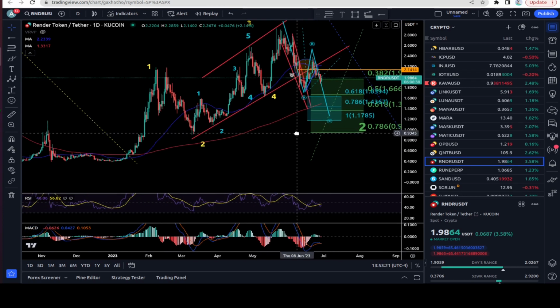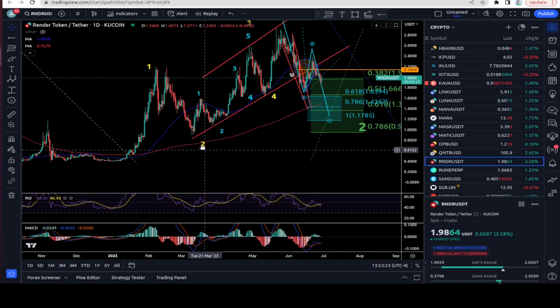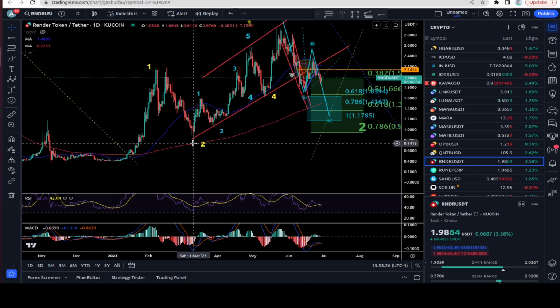Now the other thing that would be beneficial is that if we get to the same RSI level as here, it would be vital not to go below that level.